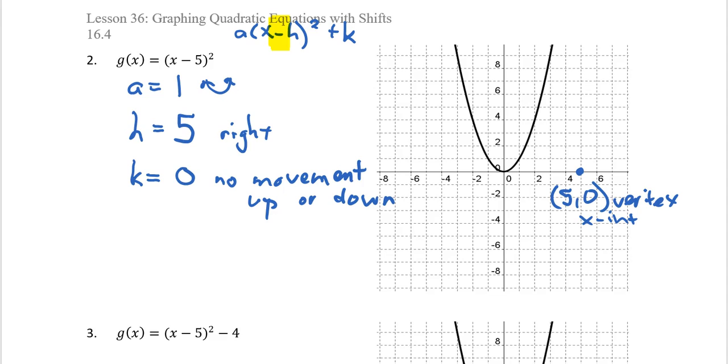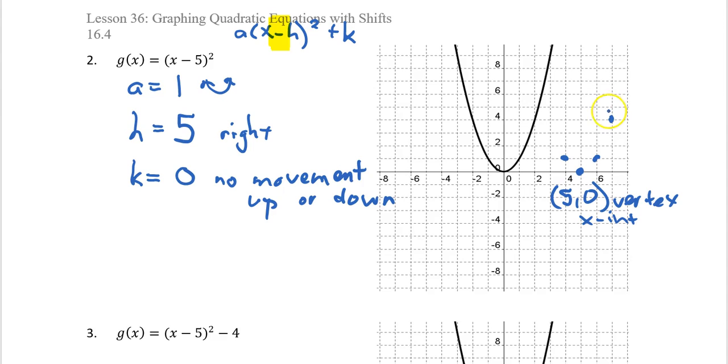Okay, so from that vertex, I'm going to go right 1 and up 1. Remember, I'm going up 1 because if I square 1, I get 1. Put symmetry in there, so I have my point to the left. If I go back to my vertex, I'm going to go right 2, I square 2, so I go up 4.